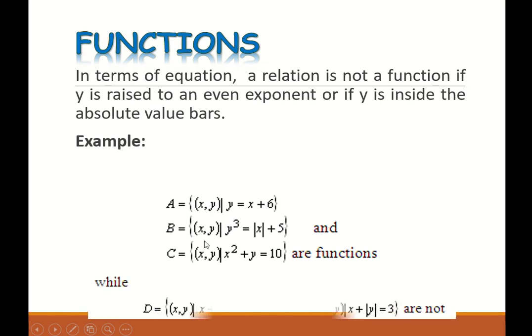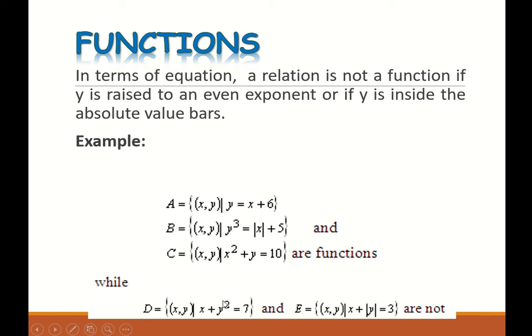Set B contains ordered pairs such that y cubed equals the absolute value of x plus 5. And C contains ordered pairs of elements x and y such that x squared plus y equals 10. So they are all functions because the conditions above are satisfied. If you look at the exponent of y here, it is understood to be 1. This is odd also, and this is odd also. So we can proceed with the next.